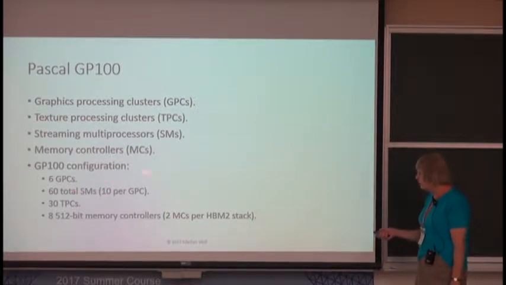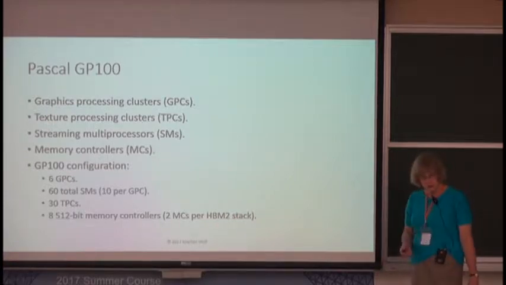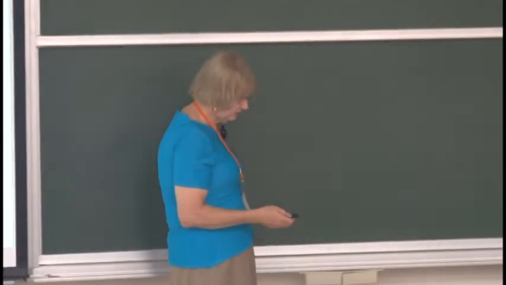So the GP100, you've got 6 clusters. You've got 10 streaming multiprocessors per cluster. You have 30 texture units, and you have 8 memory controllers, each of which is 512 bits. So that's 2 memory controllers per HBM2 stack of memory. That's a lot.